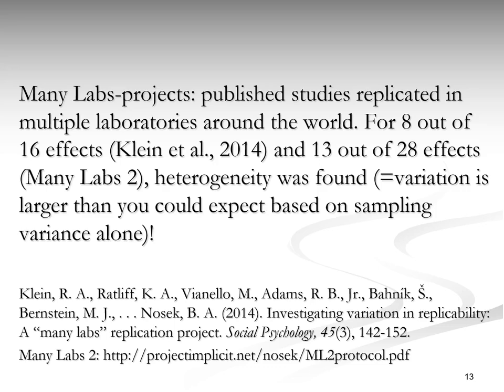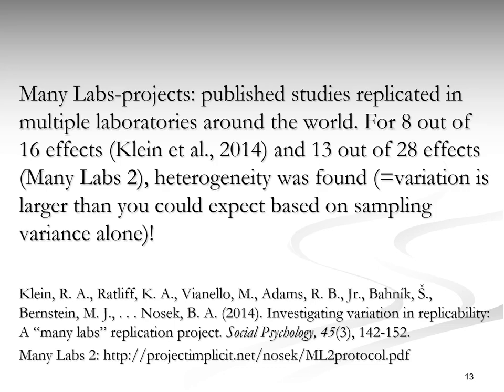So we cannot explain the variation in effect sizes that was found over all these research groups by thinking about sampling variance alone. Probably there were systematic differences between these studies. So even if you try to replicate studies perfectly, it still seems that there are some small systematic differences between studies that affect the effect that is studied.